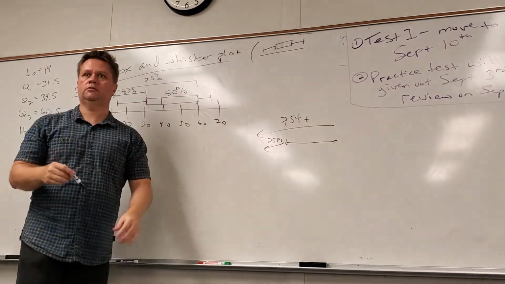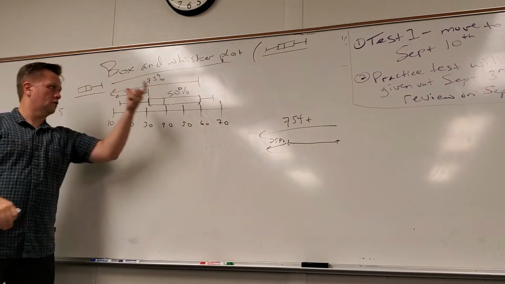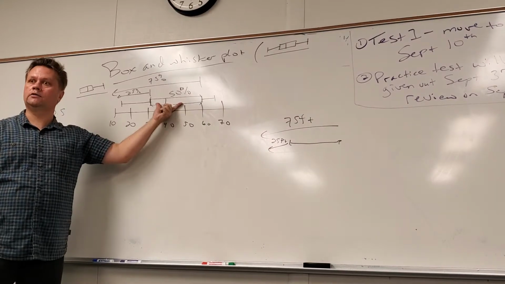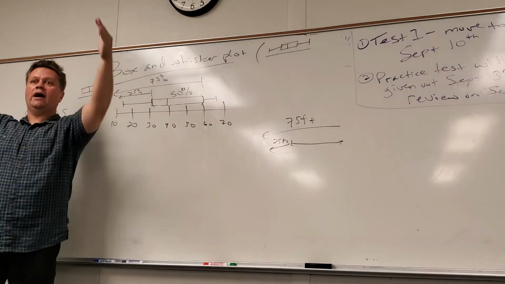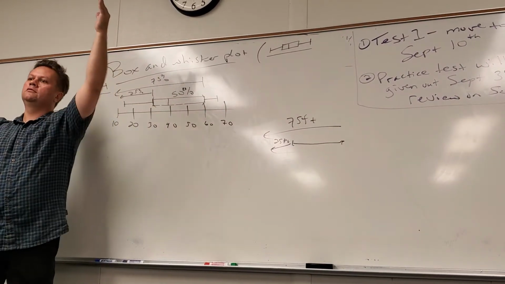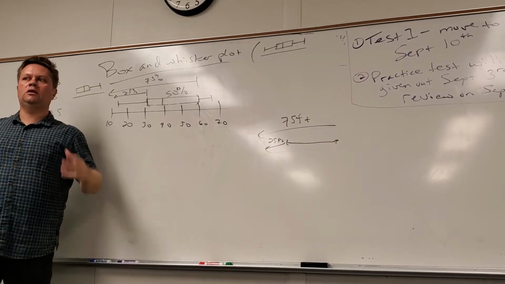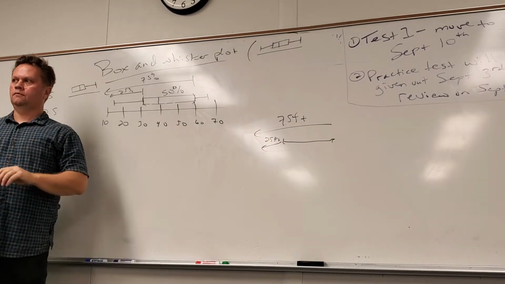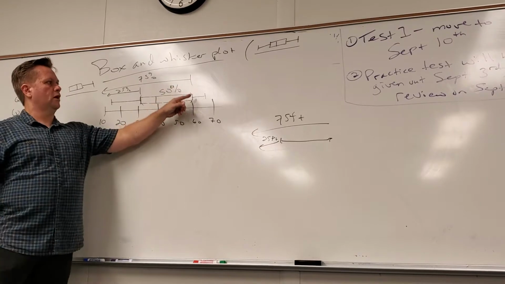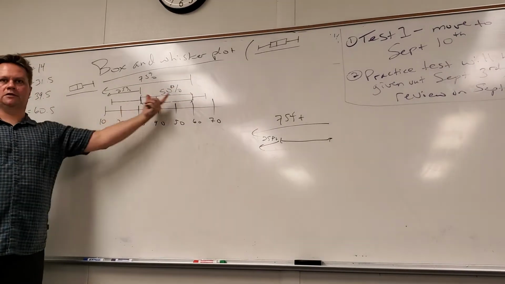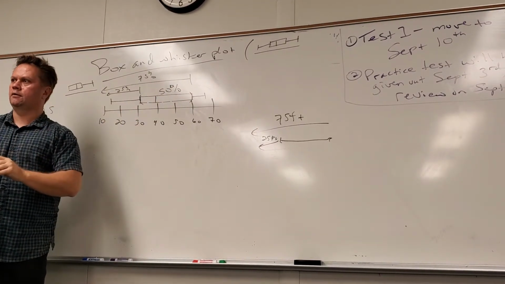Okay. That's it. 75, 25. There must be 50 in there. Always, right? Because the box is defined to be from Q1 to Q3. So it's always going to be the middle 50%. So it's kind of like chopping off your overachievers and your underachievers and getting at the heart of the data.